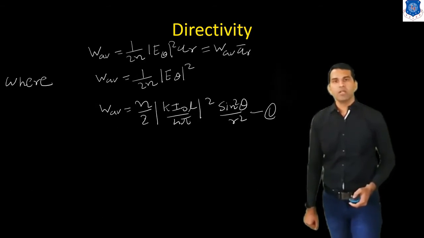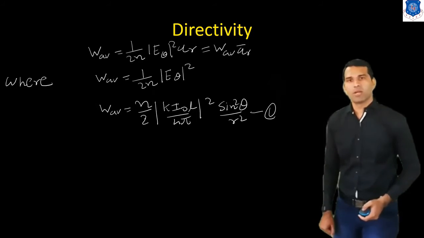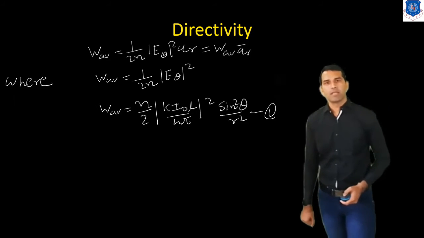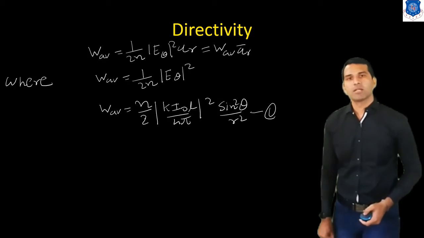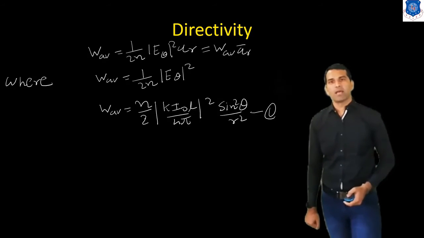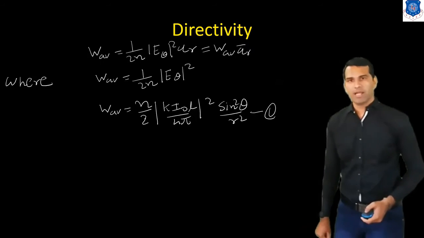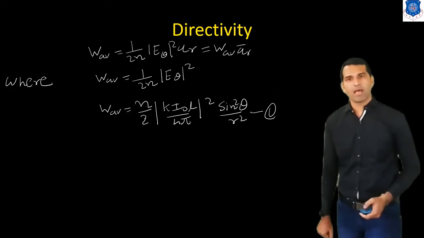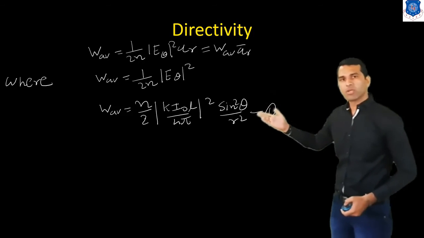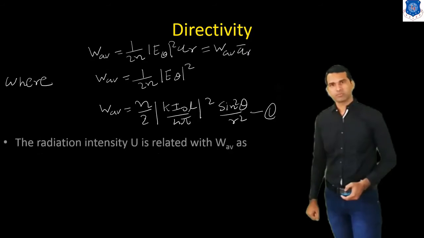So W average becomes 1 by 2 eta E theta square AR, where W average is also 1 by 2 E theta square upon eta. And W average becomes eta by 2 (k I0 L upon 4 pi) square sin square theta upon R square. So we give this equation number 1.